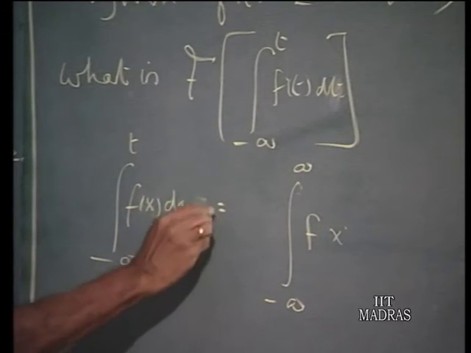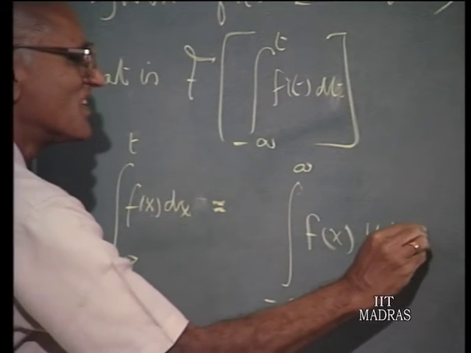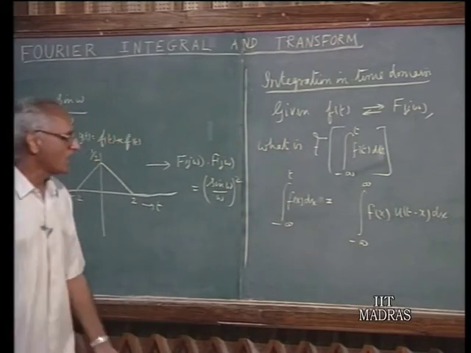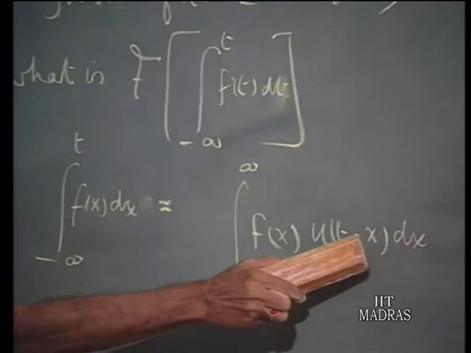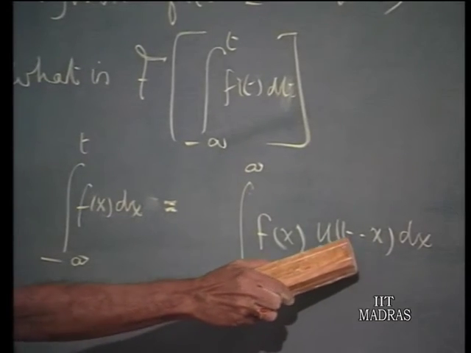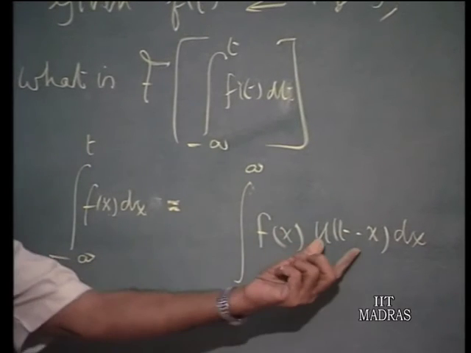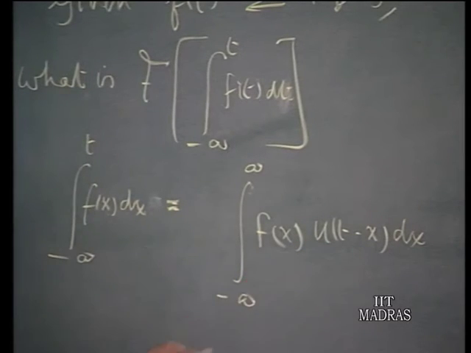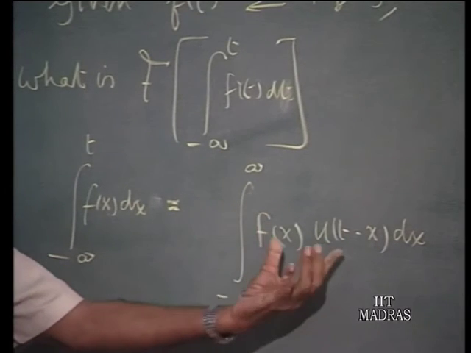I can write this as f of x times u of t minus x dx, because when x is more than t, t minus x is a negative quantity, so u of t minus x is 0 for x greater than t. Therefore, in this range of integration, whenever x exceeds t, the integrand is 0.